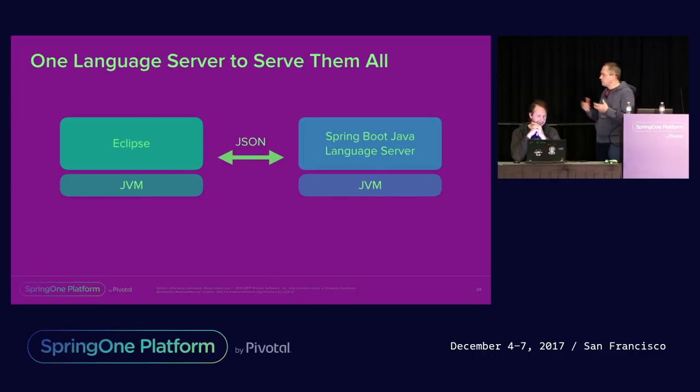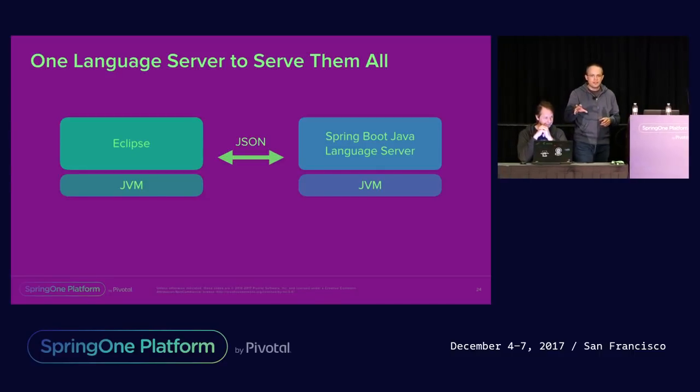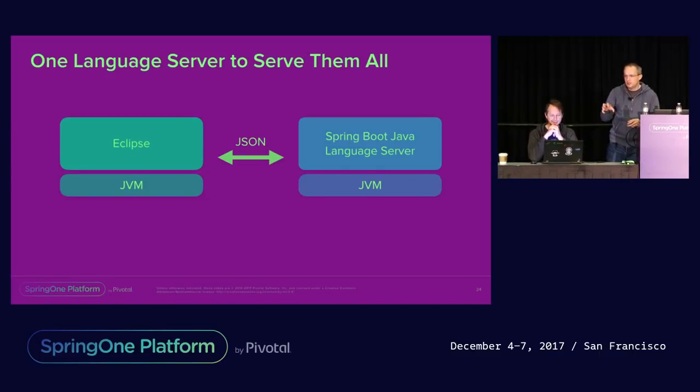And the interesting case, what Eric Emmer also said this morning, is that the tooling that we built into the language server is completely independent of the client side. So whether there's Visual Studio Code that talks this protocol, or what we are seeing all the time at the moment, or what we continue to see in the moment, is Eclipse, for example, or Atom, or whatever. So that's really great.